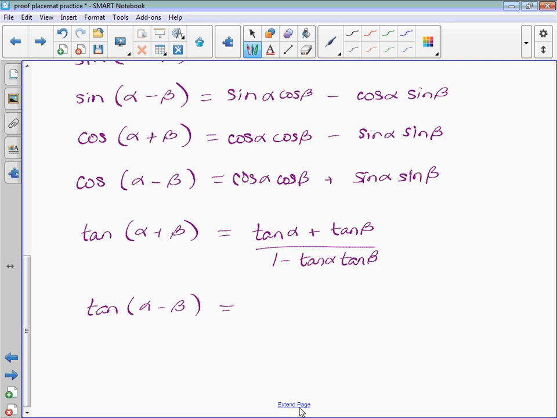Yeah, so your numerator will match, so it'll be tangent of alpha minus tangent of beta over 1 plus tangent alpha times tangent beta. We aren't going to write the formulas for cotangent, secant, and cosecant. What you can do is find it as sine, cosine, or tangent, and then do 1 over that, and simplify if you need to. Okay, so we don't need both of them.